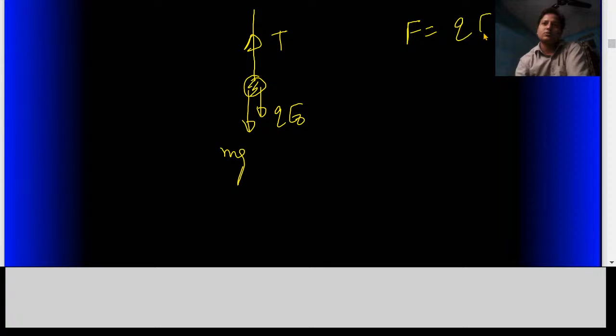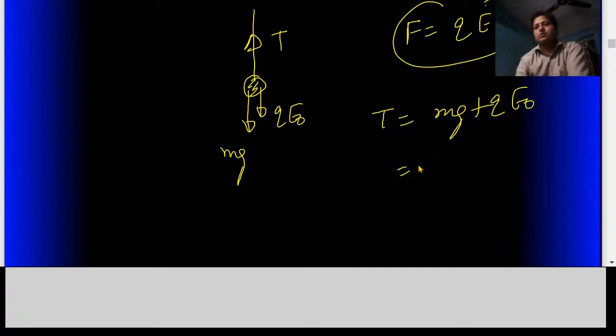Making the free body diagram of the bob, upward force is T, downward force is mg, and another force is q0 E0, because electrostatic force is qE. So T equals mg plus q0 E0. Taking m common, g plus q0 E0 over m.